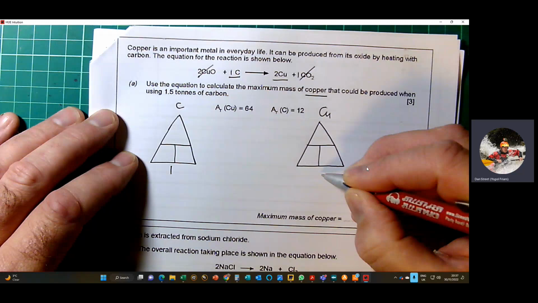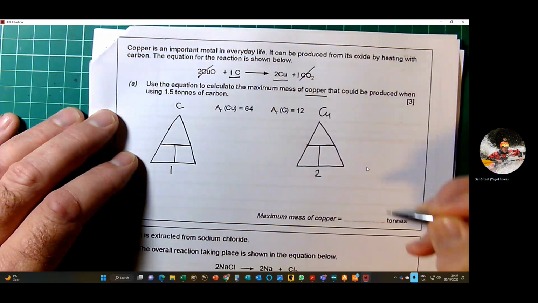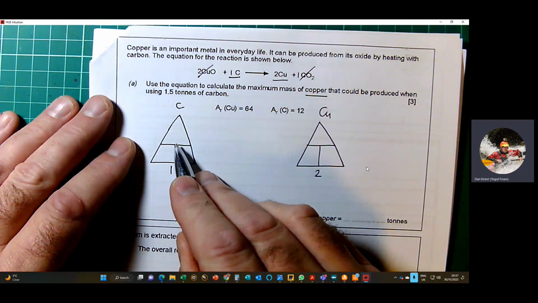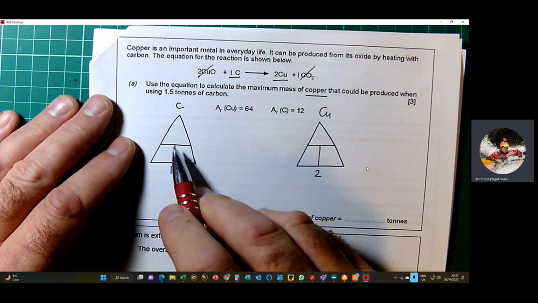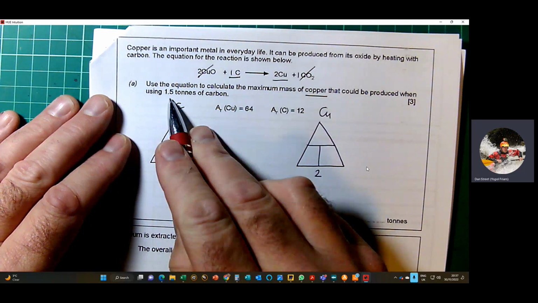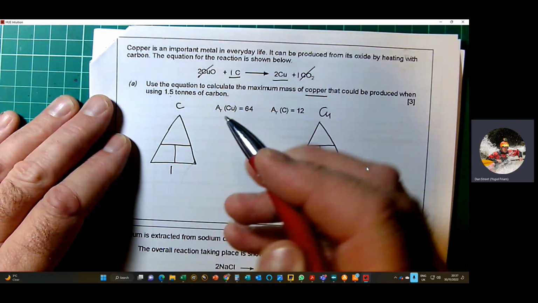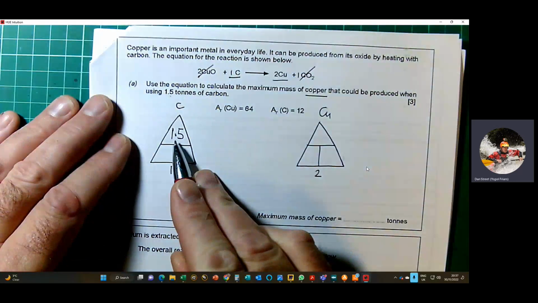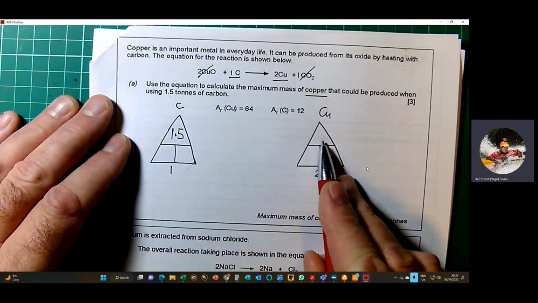We know from the equation that there's 2 moles copper. So if we fill these triangles in with the information we're given in the question, there's 1.5 tons of carbon, so we can put that there, and we want to know what mass of copper that can make.